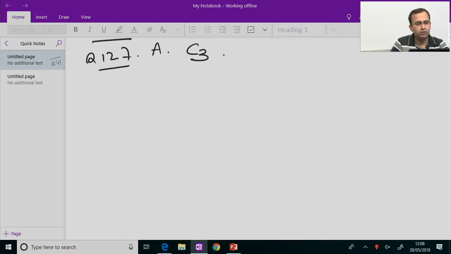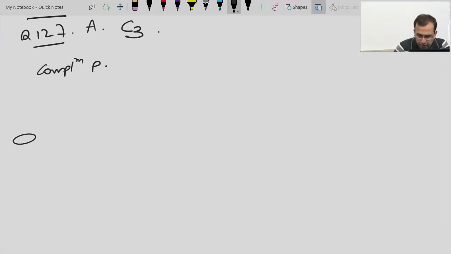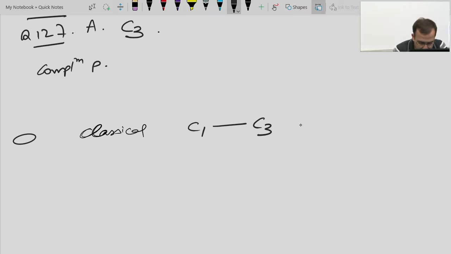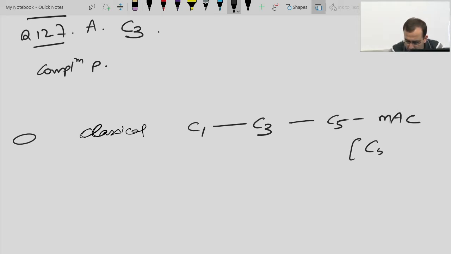So starting with the complement pathways, you very well know there are three main complement pathways. The first is the classical complement pathway, which starts from C1, goes to C3, C5 and MAC, that is membrane attack complex. What is MAC? It is C5b to C9.